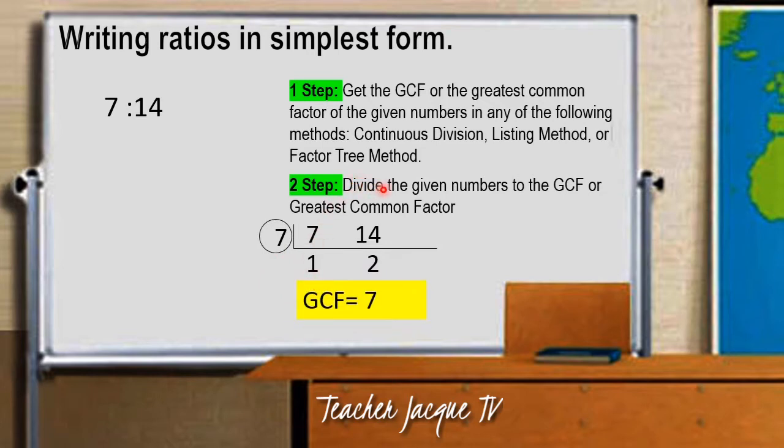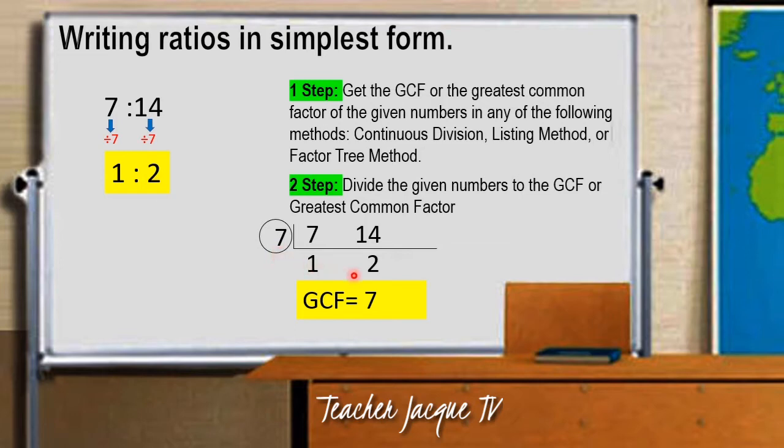Now, punta tayo kay step 2. I-divide ngayon natin ang ating given numbers sa nakuha nating GCF. So, 7 divided by 7 and 14 divided by 7. 7 divided by 7 is equals to 1. 14 divided by 7 is equals to 2. So, kung o-obserbahin mo, yung simplest form ng 7 is to 14 ay 1 is to 2.